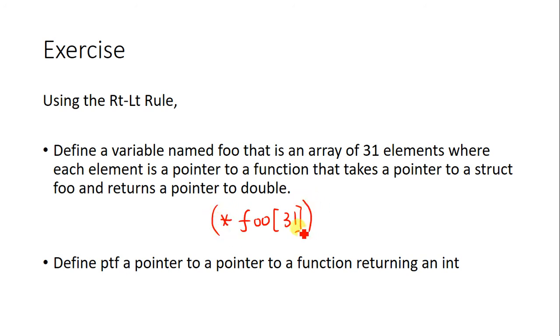So we can parenthesize it, and now inside the parentheses you read foo is an array of 31 elements, where each element is a pointer to a function that takes a pointer to a struct foo. And what's the type? Returns a pointer. If it returns a pointer to something complicated, you have to parenthesize again, but in here it's just a double.